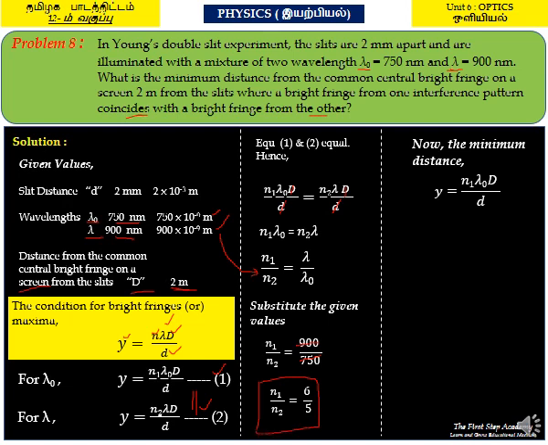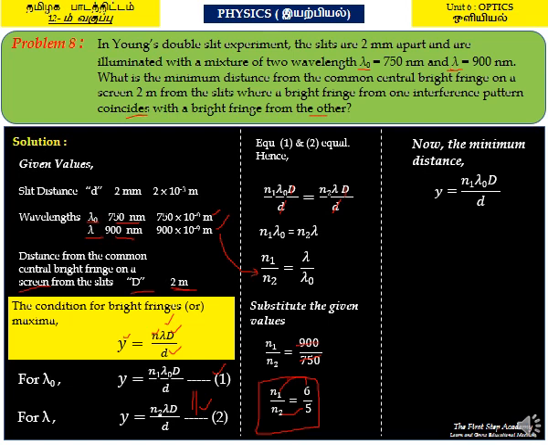Now the value of n1 by n2 is 6 by 5, that we got. It means that n1 is 6 and n2 is 5. That's exactly the meaning. Now by substituting this value in either equation 1 or 2, we can get the minimum distance.